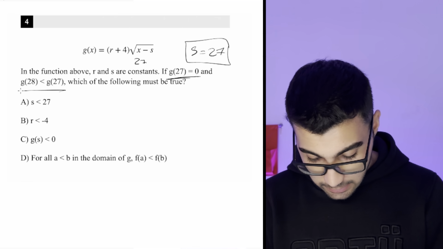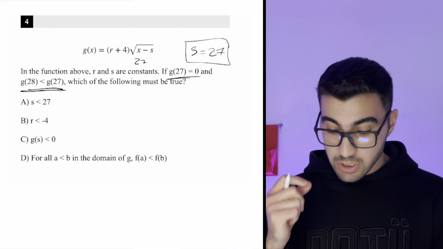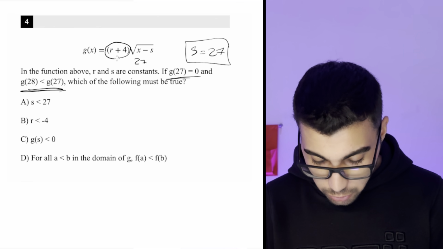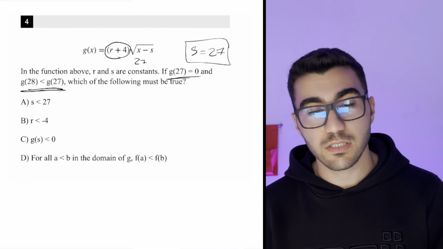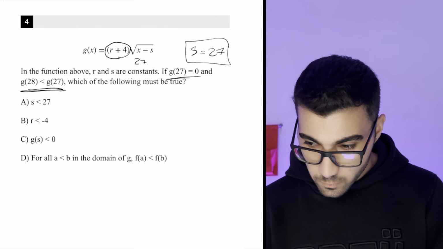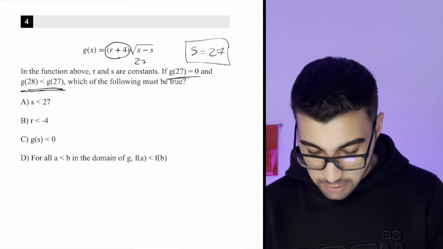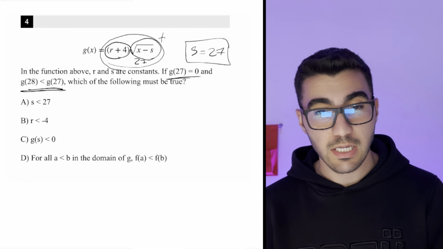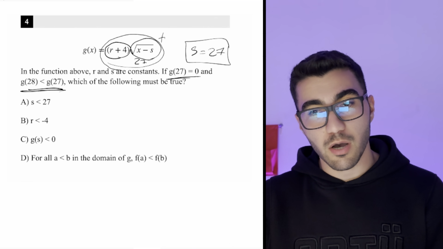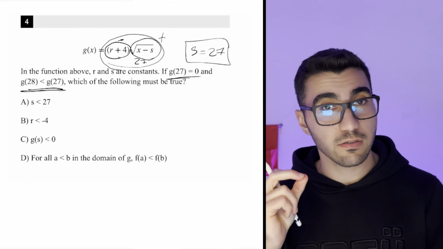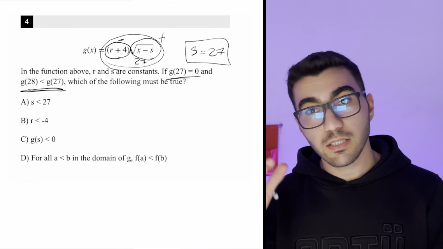And since we just realized that this is a decreasing function, that means r plus 4 should be negative. The coefficient of this function, the slope, should be negative in this case, right? Because the square root is a positive function, and when you go right, it always goes up. So you have to have a negative here that changes the whole function to a negative, and when you go right, the number increases.